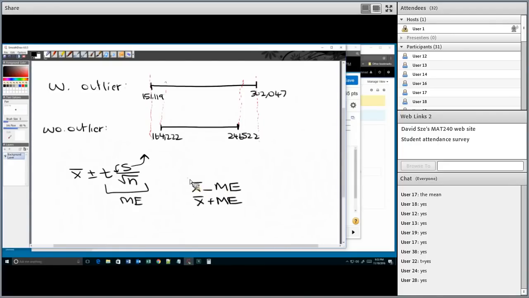Does this make sense? It's happening because, just like Sandra said, this outlier introduces more variation in your data. So your standard deviation goes up, meaning now your margin of error goes up and you get a wider confidence interval. That's the reason why this is happening.